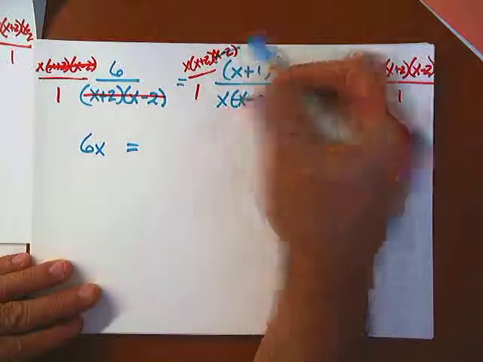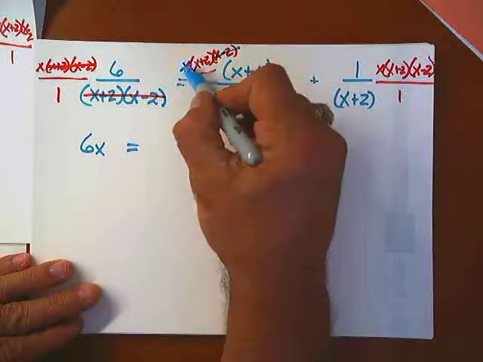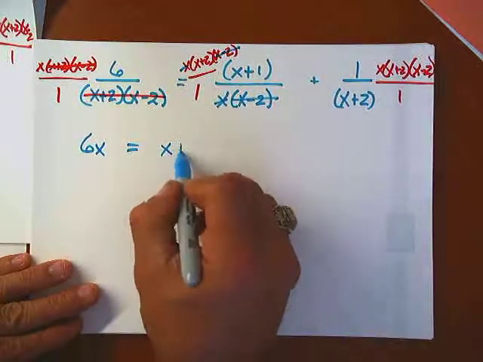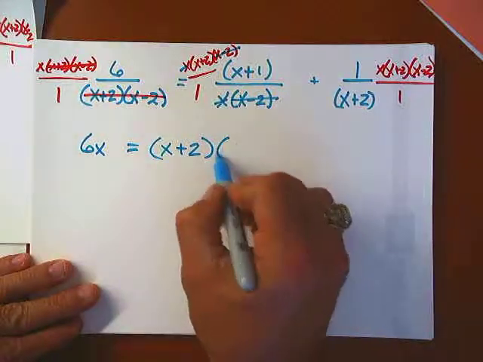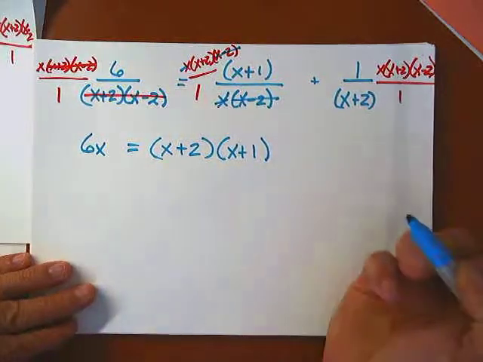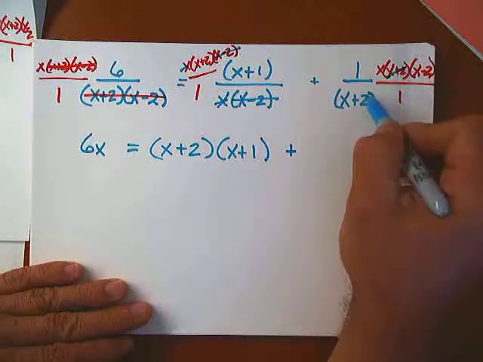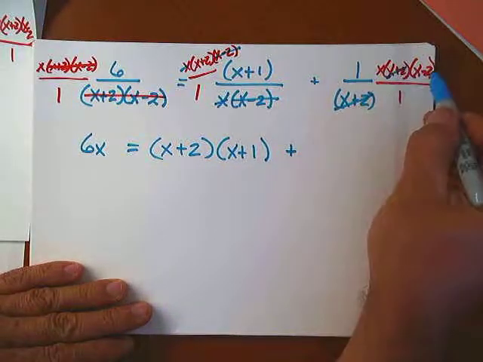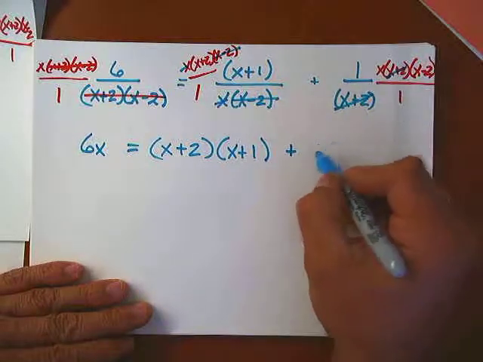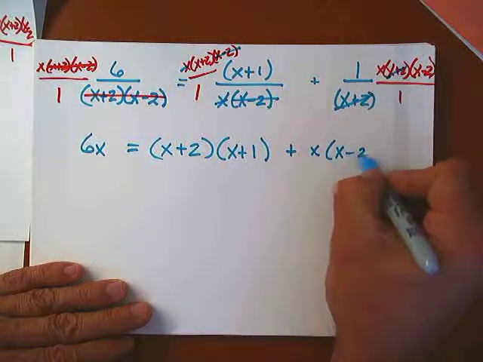And let's cancel out. The x plus 2, x minus 2 cancels out, and that leaves 6x. 6 times x is equal to, well, the x minus 2 cancels, and the x cancels, and that leaves x plus 2.